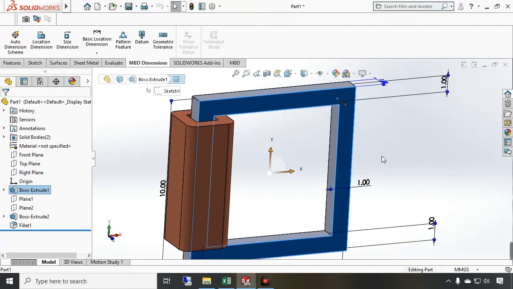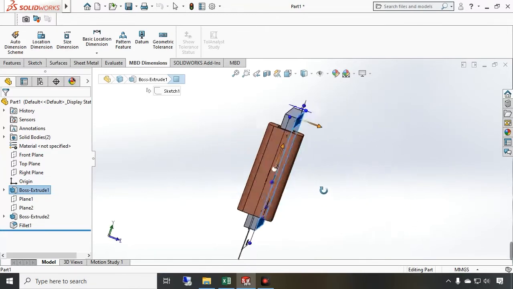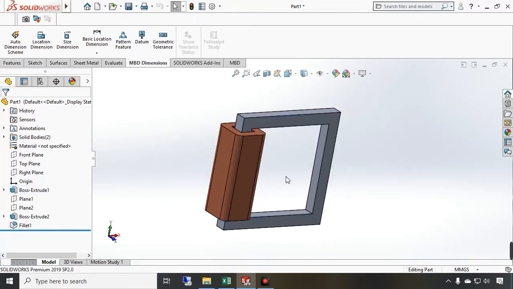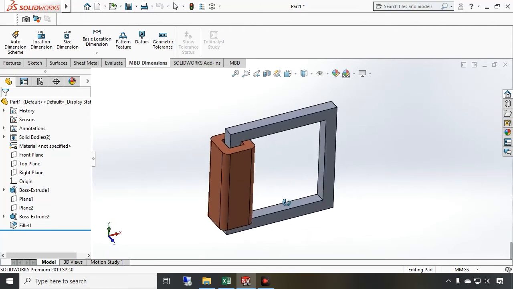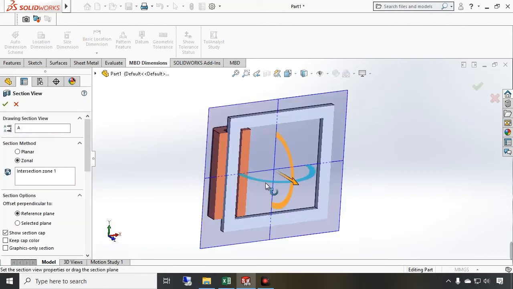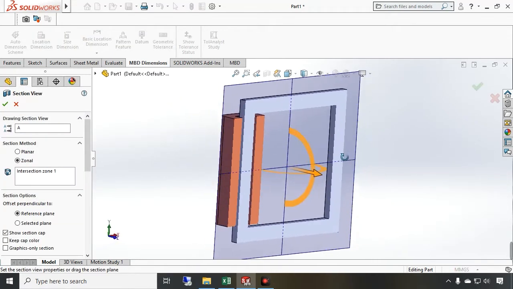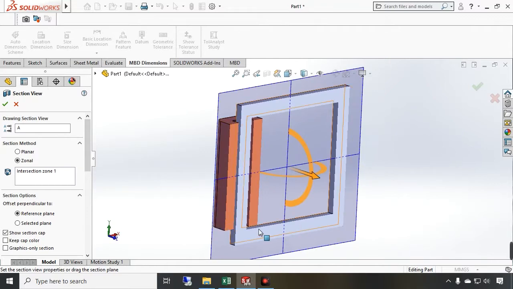So you can see dimensions here in this figure. This is a 3D model of the structure, and for 2D simulation, we should simulate this cross section of this structure.